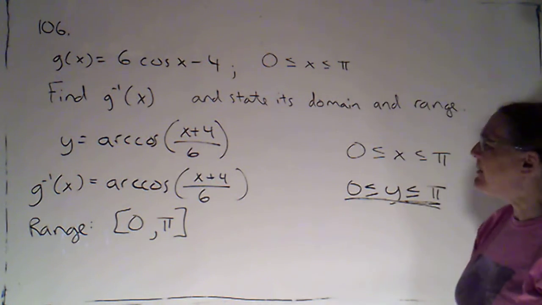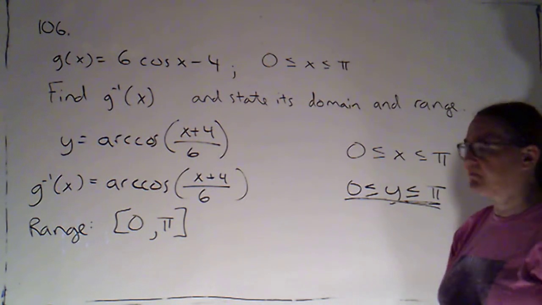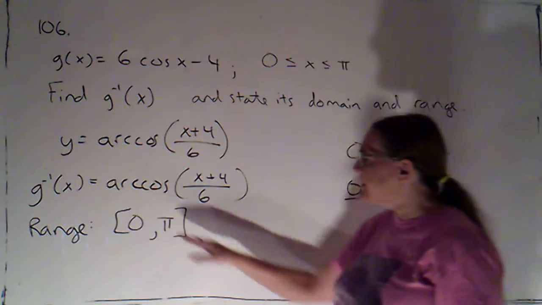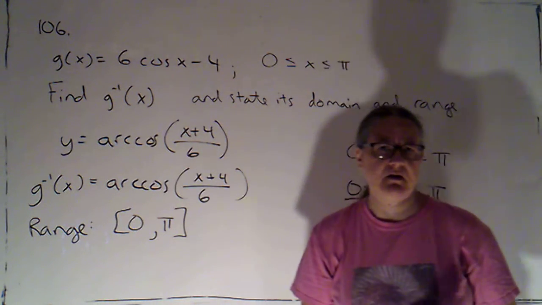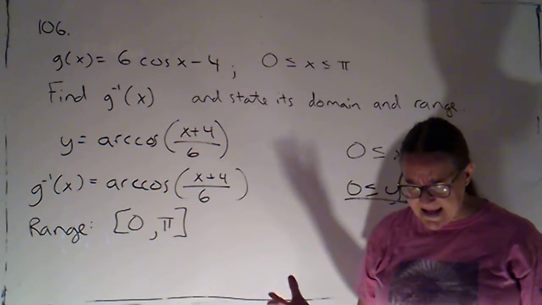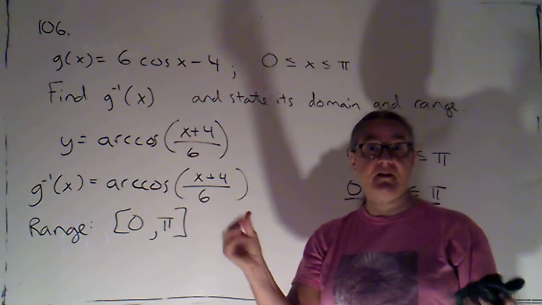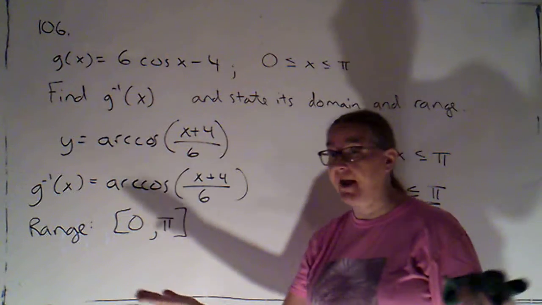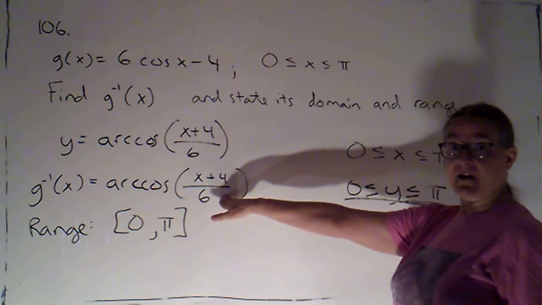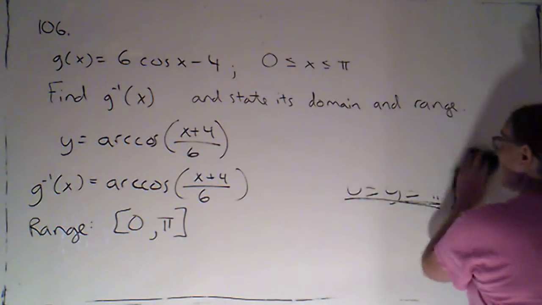But now I need to get the domain. Now I could get that by working with arc cosine. I could say the domain for arc cosine is the trig ratios that I could get from cosine. So that's the interval from -1 to 1. I'm looking for when this takes on values between -1 and 1.